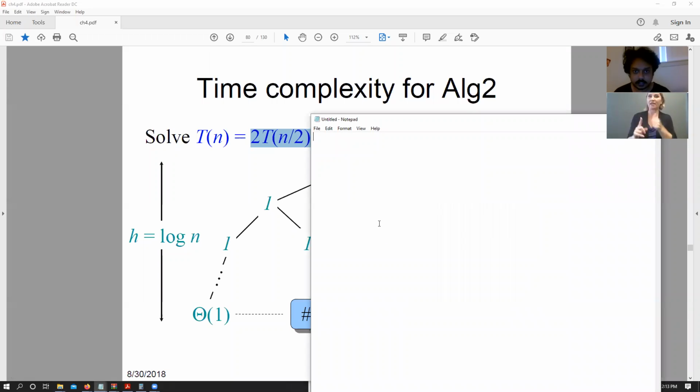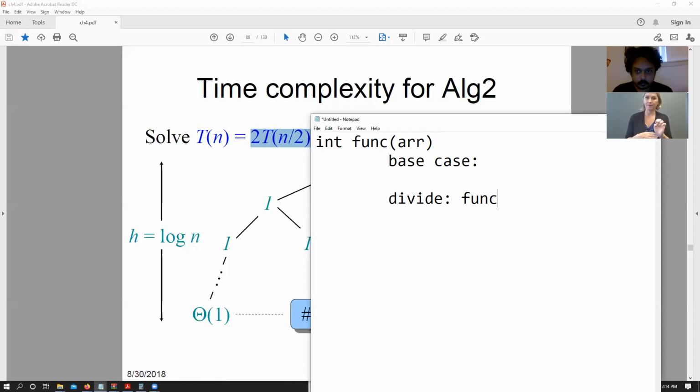Now, let's say that I have an algorithm that looks like this. Let's say a function that takes in an array, ARR, and returns some form of an integer, right? This is just pseudocode, in C++ terms or whatever. I'll cover the base case in a second. My divide case would be to call the function with two halves of the array. Array 1, I'll call the first half of my array, and array 2, the second half.